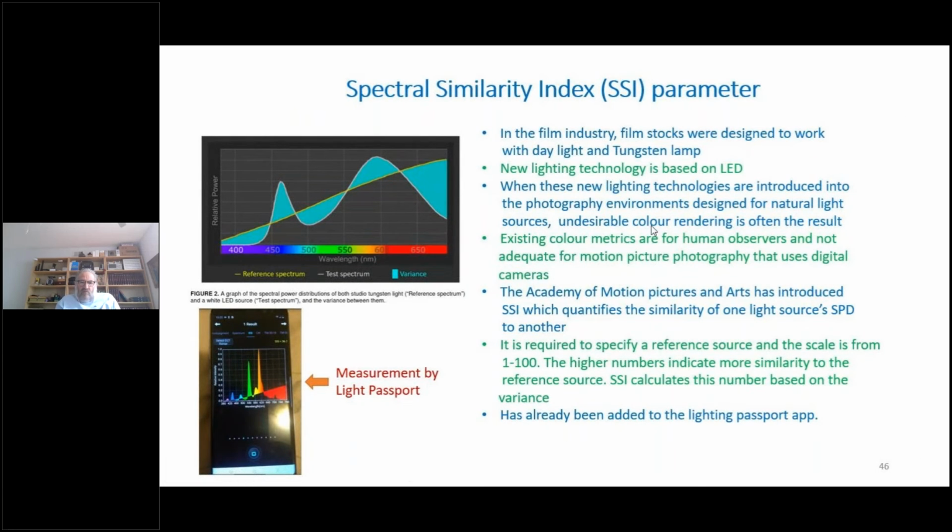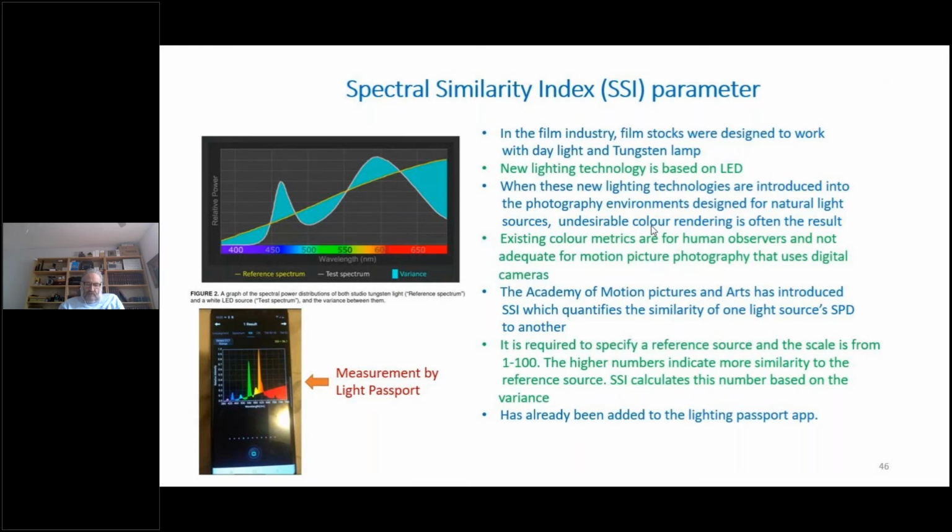Next is the spectral similarity index, the SSI parameter. This has high demand in the filming industry because the film stocks were all designed to work with daylight and tungsten lamps, basically black body sources. And because the new technology is based on LED, this is creating some problems, undesirable color rendering issues.